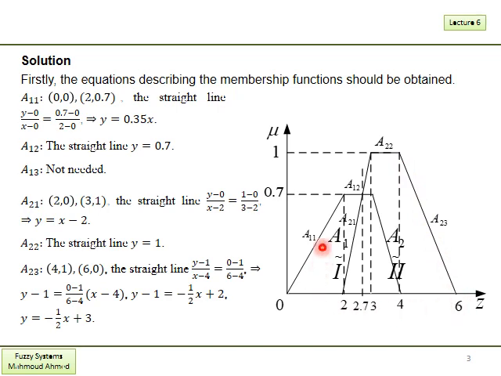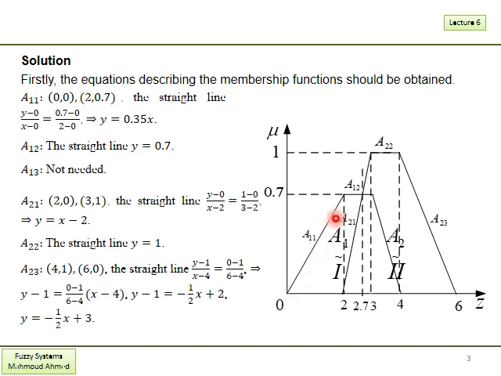So we have 1, 2, 3, 4, 5 straight lines in which we are going to express them using straight line equations. It can be noticed that this straight line is not needed because it lies in the overlapping area between the 2 membership functions.